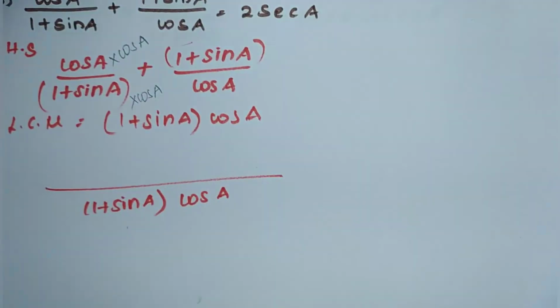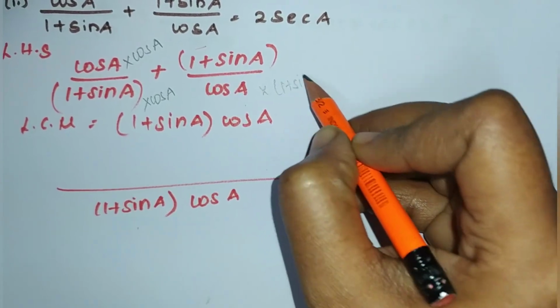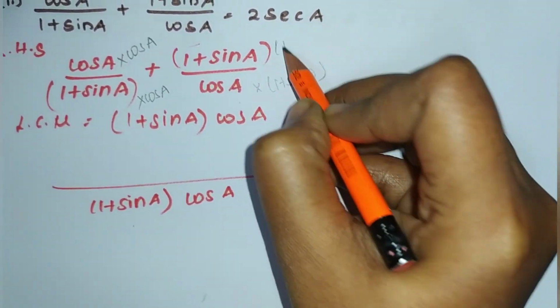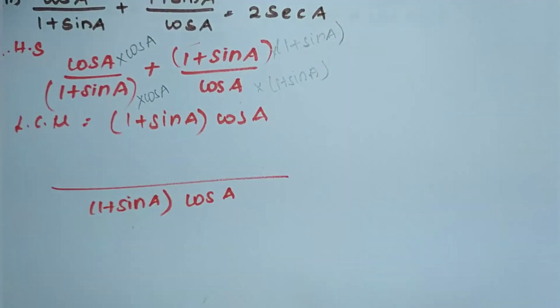Clear? Here we don't have 1 plus sin A, so I am going to multiply it in the numerator as well as the denominator.